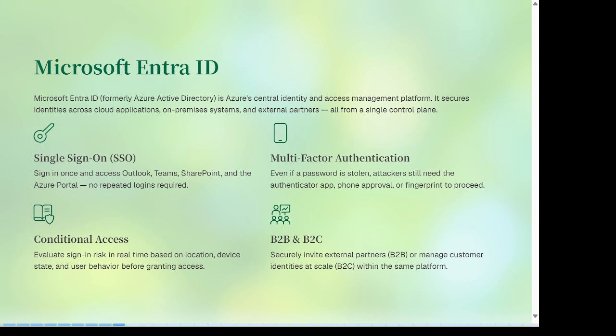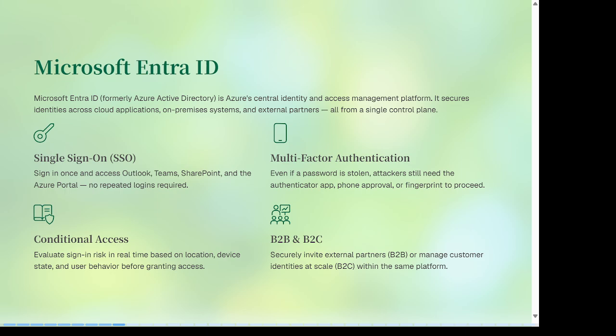So even if credentials are compromised, access is still blocked. Without this second factor, it will not be accessed, it will be blocked even if the password is compromised. This is one of the strongest protections against phishing attacks.